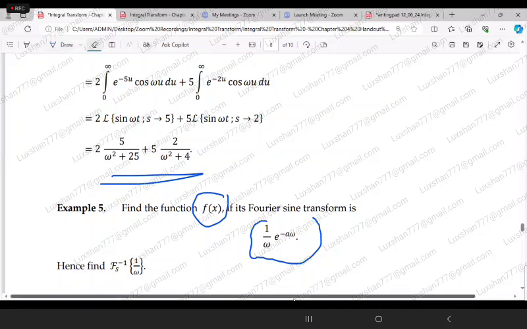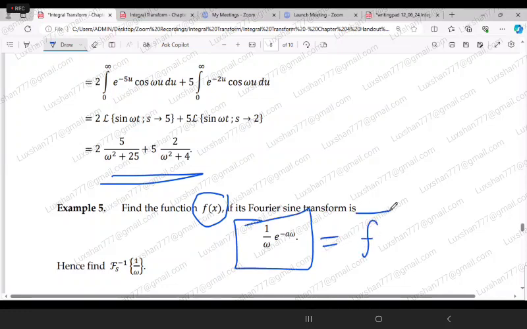This one is actually your f bar s of omega. Now we are asked to find f(x). So actually what we want to find? Can anybody tell me what we want to find now?